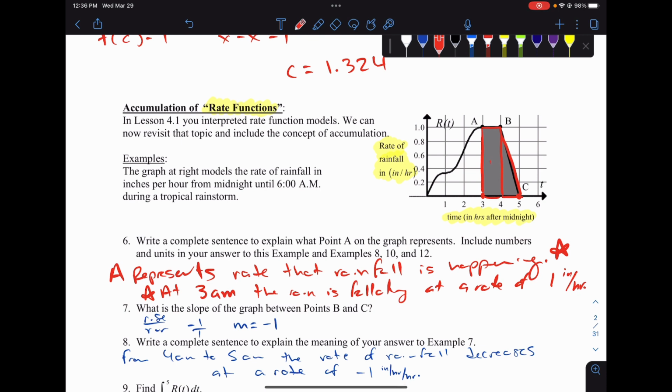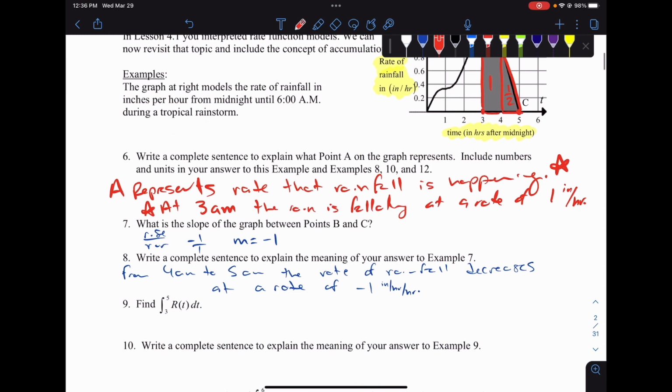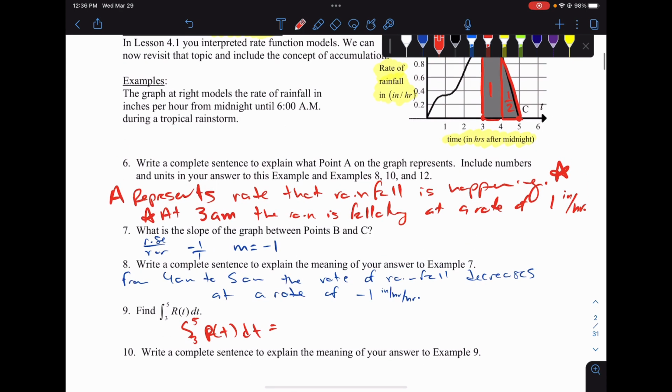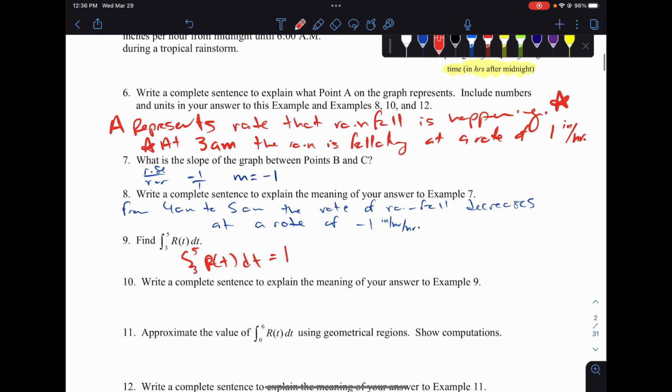That rectangle has an area of 1. That triangle has an area of a half. So the integral from 3 to 5 of r of t dt is equal to 1 plus a half. So that's going to be 3/2 or 1.5, whichever one you prefer.